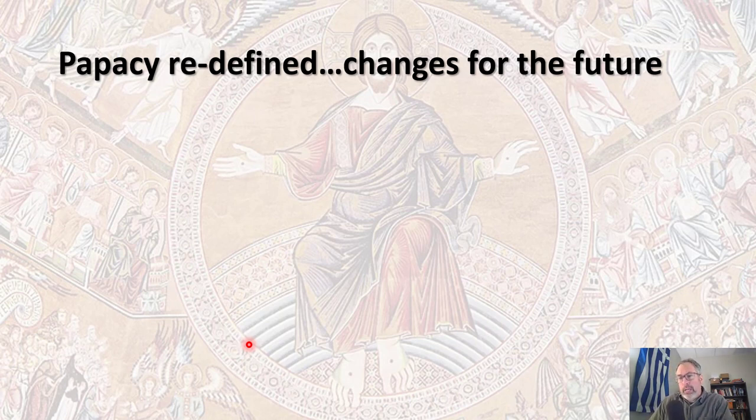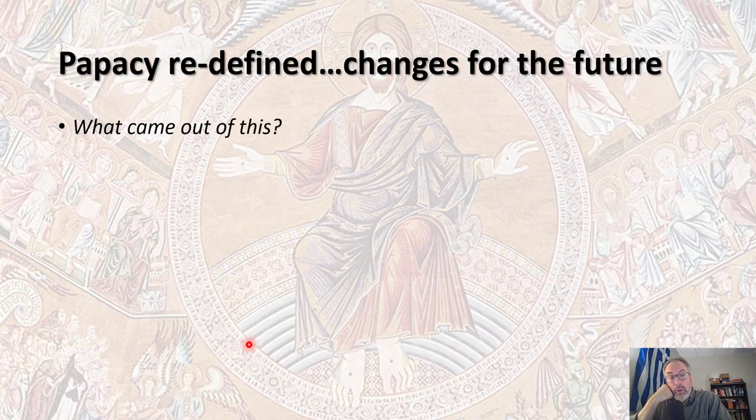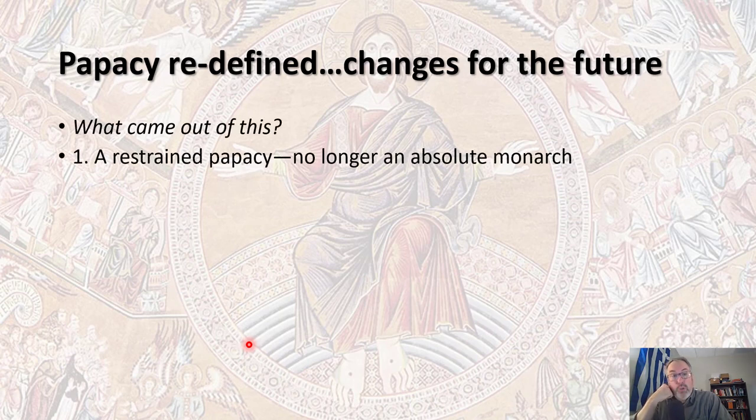Now, what comes out of this? It's not just that the church recognizes, okay, we've got our one pope back in Rome, but they also recognize we can't go back to the way it was. And so a lot of things come out of this. A restrained papacy. The Pope is recognized, yes, as the most important spiritual leader within the Catholic Church, but he's not a monarch. He's not a king. Now, we'll see this doesn't fully go away.